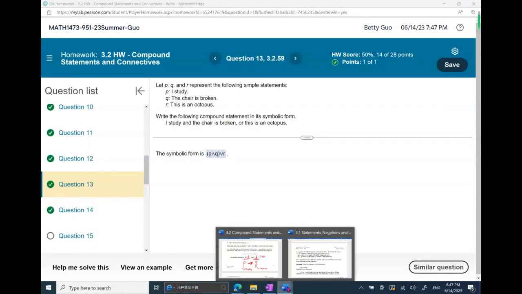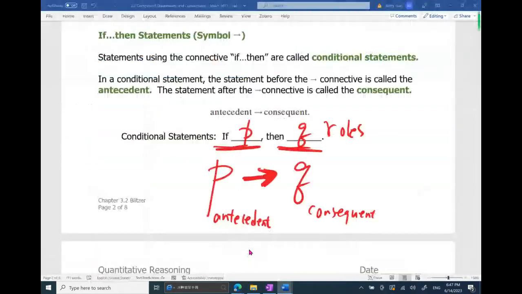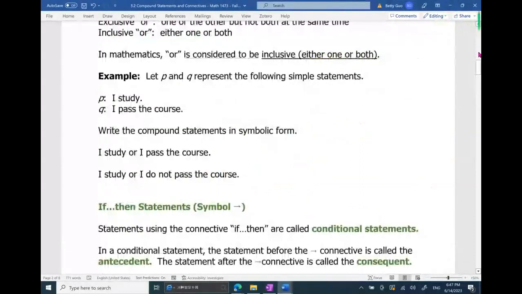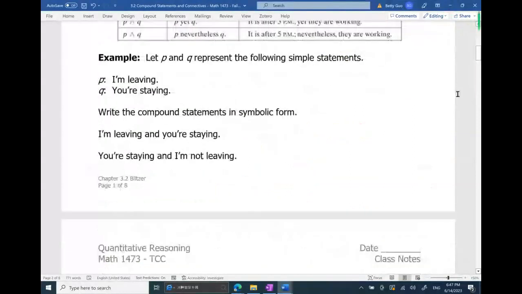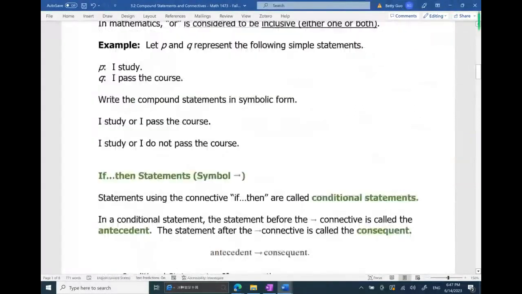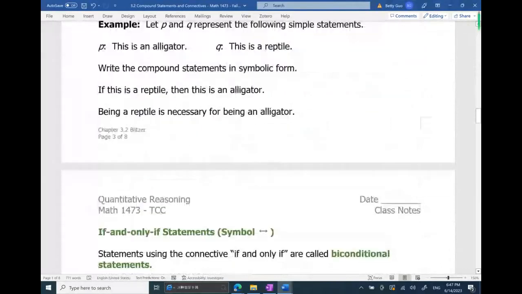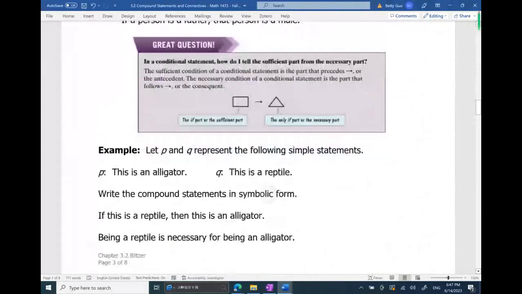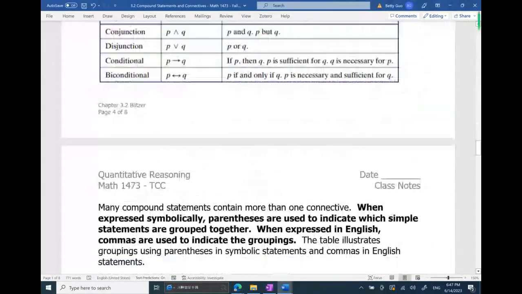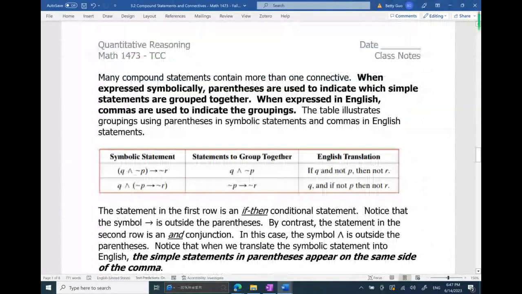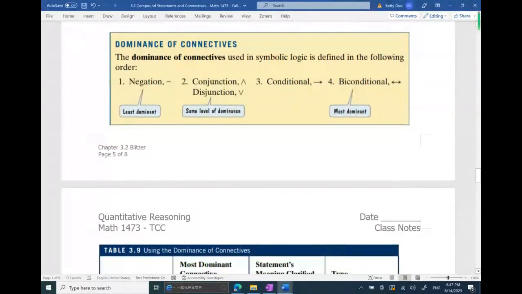Let me show you the note here. All the questions you might have, the note should be able to answer. Let me scroll down. There is a table about order of dominance. Right here, dominance of connectives.